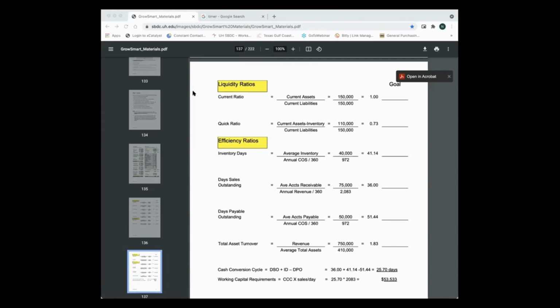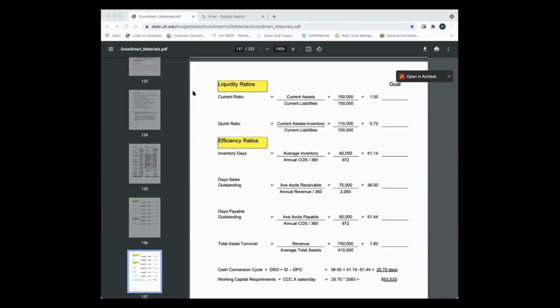If I was Walmart, this would be a terrible number because Walmart or your typical grocery store, they turn their inventory like once every week. Their whole business is based on speed of turning inventory. So if I was a grocery store, that 41 days would be very slow. So again, it depends on your industry, whether this is a good number or not.